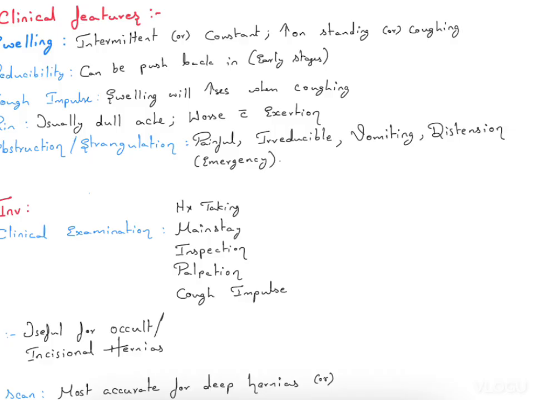What are the questions? When was the swelling first noticed, then whether the swelling is painful, whether it is gradually increasing in size or staying the same. Next, is it reducible or non-reducible. Next, does the patient have any vomiting, any history of constipation, any previous surgery, because incisional hernia can also be seen, that's why we ask about previous surgery, or chronic cough, or smoking.